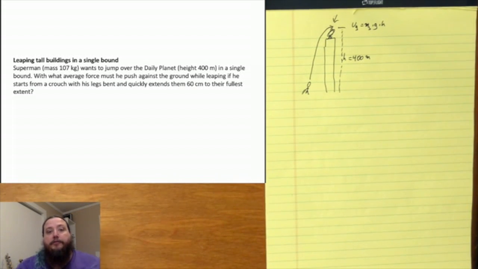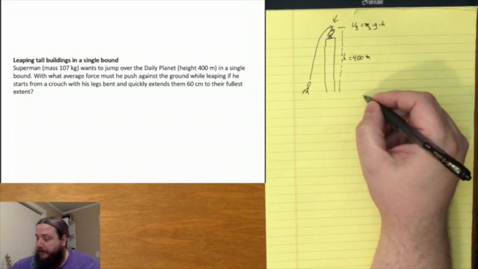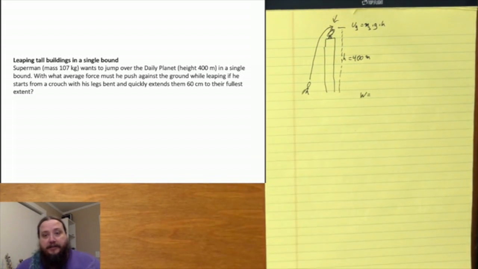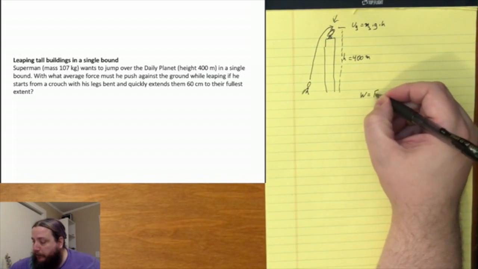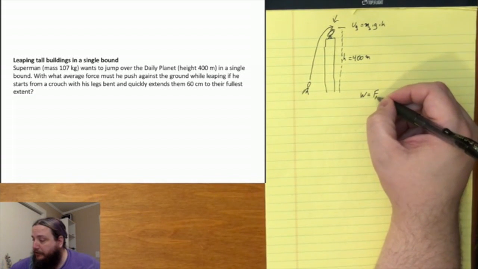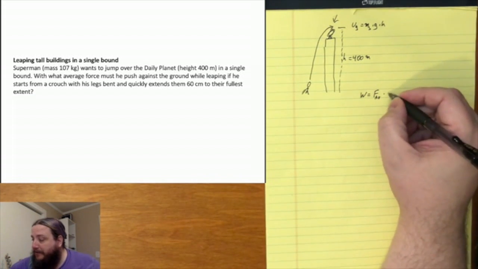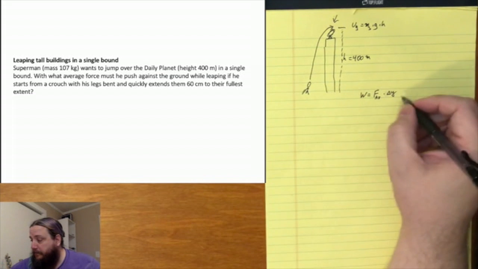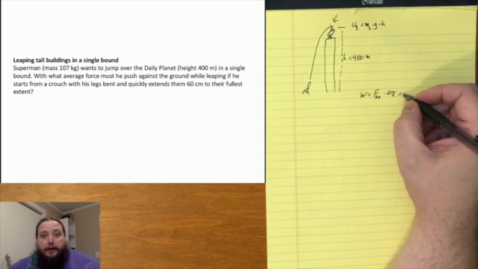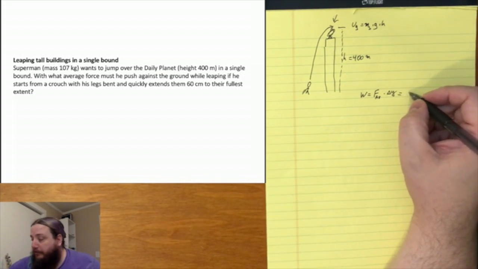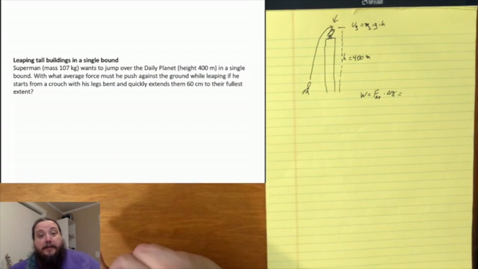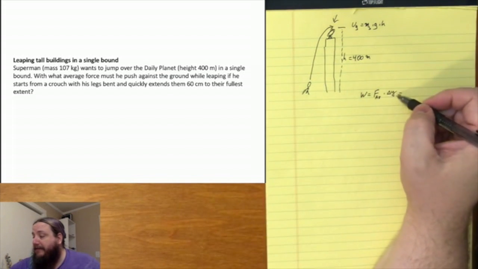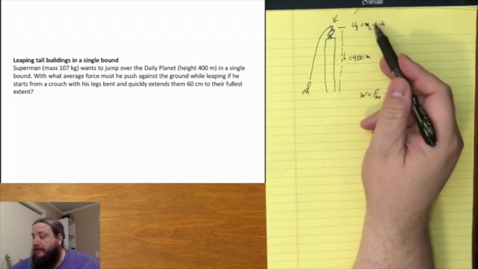And so there's a certain amount of work being done, which is the average force he's pushing on the ground times that distance of 60 centimeters. So he pushes with some force F through a distance of 60 centimeters, and that does a certain amount of work, and that's the work that adds energy to get him up there.